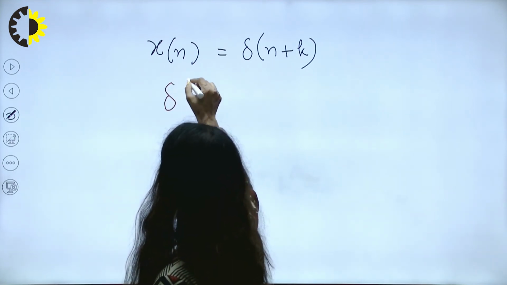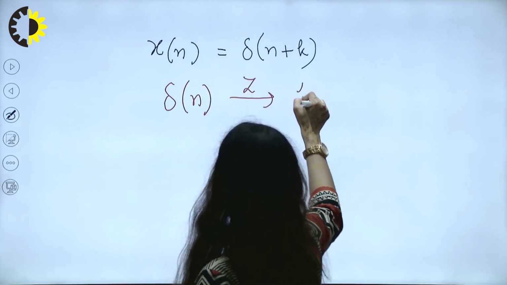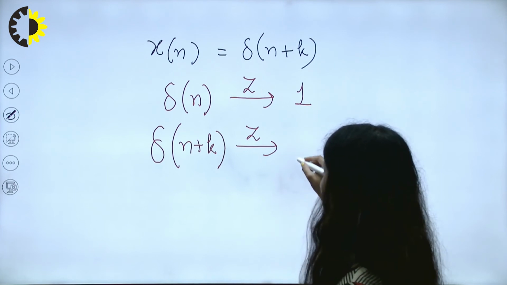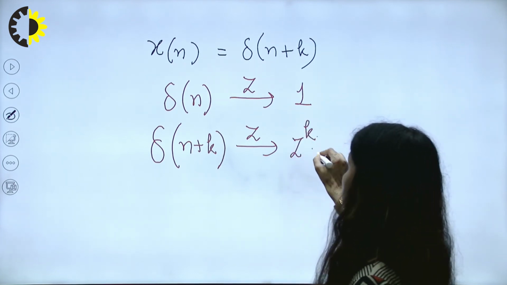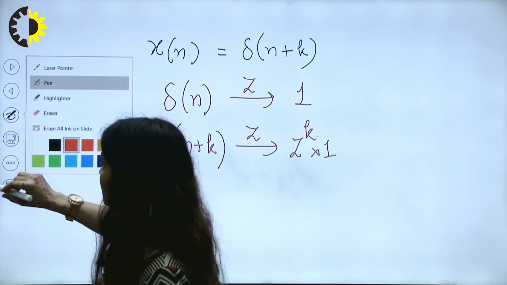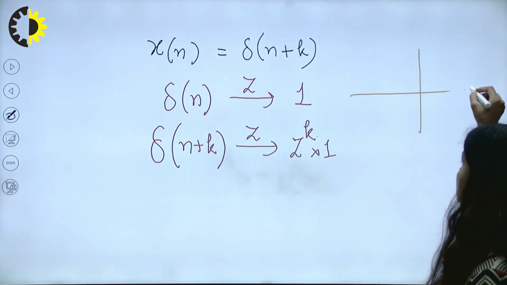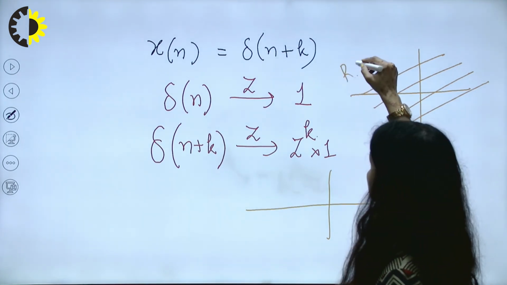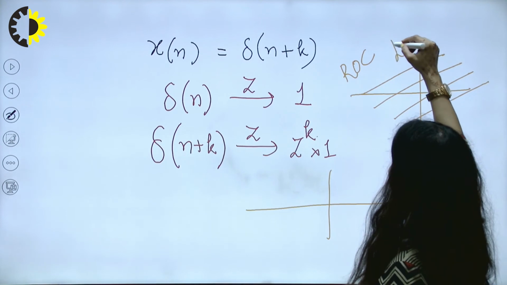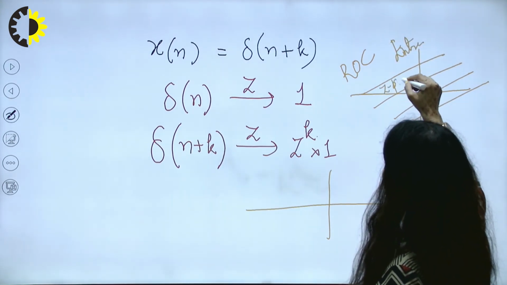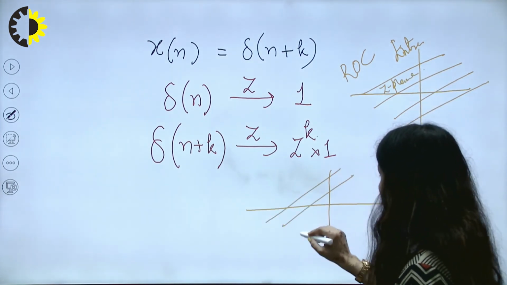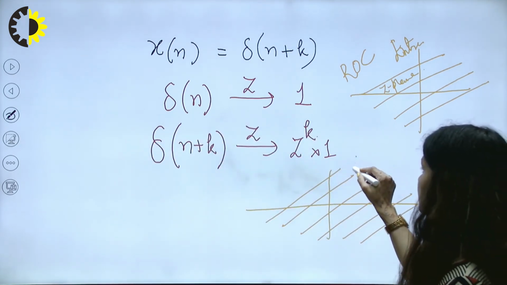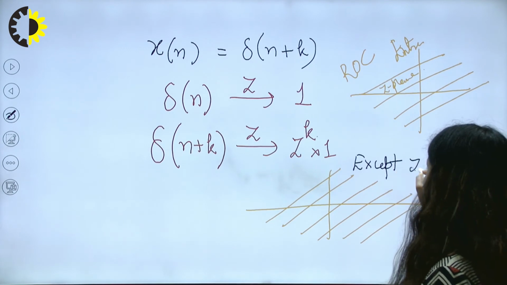The Z transform of delta[n] is 1, and the ROC is the entire Z plane, but in this case we will mention here except z equal to infinity.